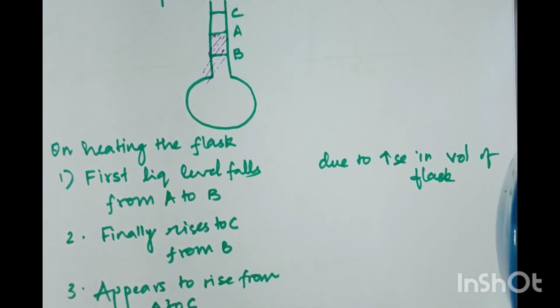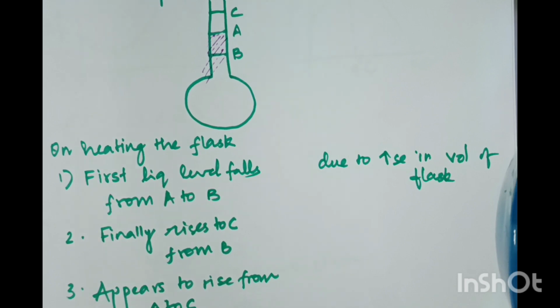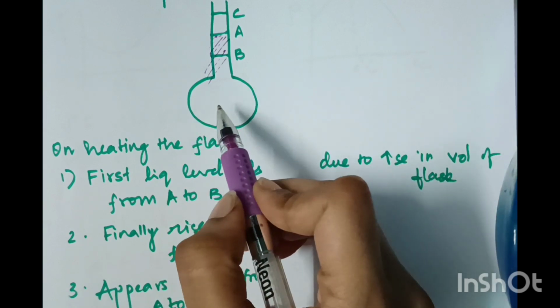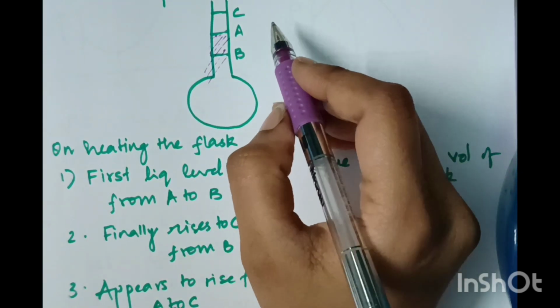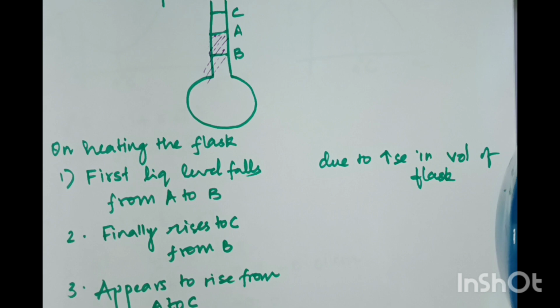Because of the increase in volume of that flask, immediately the level will fall from A to B, because previously the flask was in this size. If it is expanded, it may have a small increase in size, so the same amount of liquid will occupy only lesser volume, right? So we have to understand that.